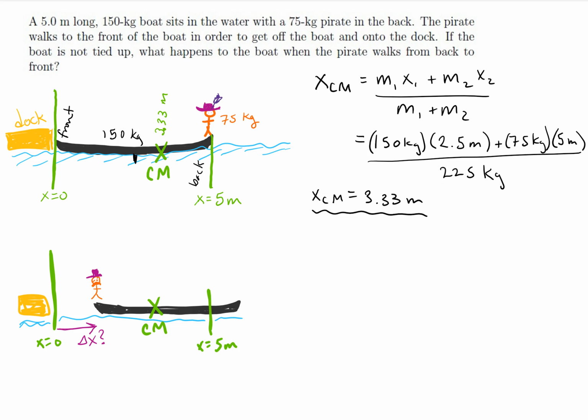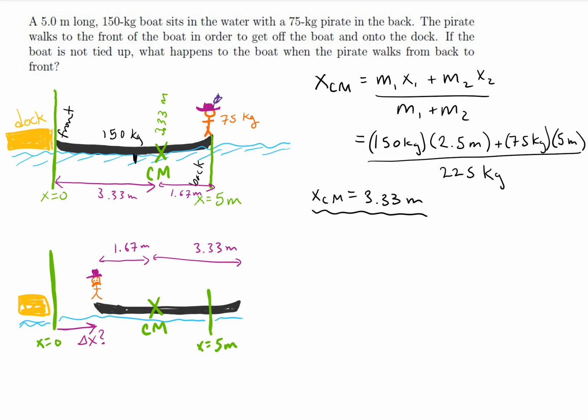So if we do a little analysis of what it means on top when the center of mass is 3.33 meters in x, that means that this distance is 3.3 meters. And this distance is 5 minus that, or 1.67 meters. And so when the pirate moves to the other end of the boat, now we know that this distance must be 1.67 meters, and this distance must be 3.3 meters.